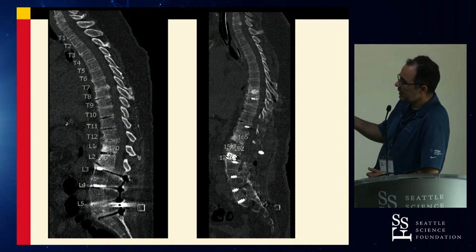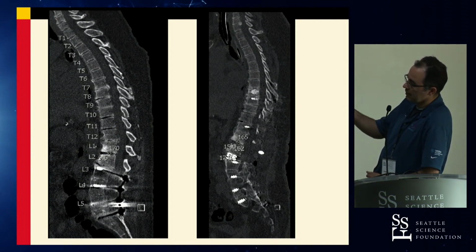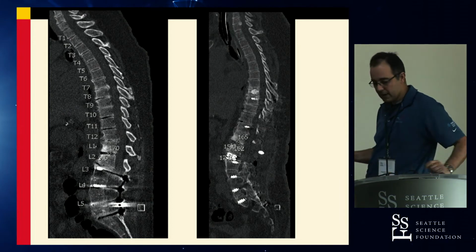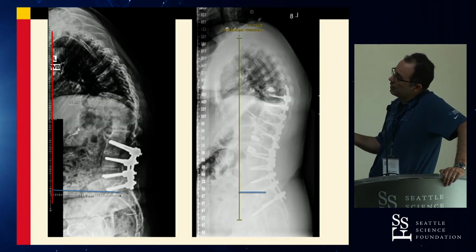This changed to a 17-degree lordosis. So we achieved a substantial correction in this patient, again through the same technique by expanding the space in the disc space. So this is a depiction of that improved sagittal alignment.